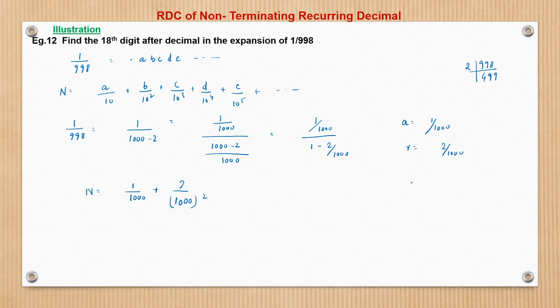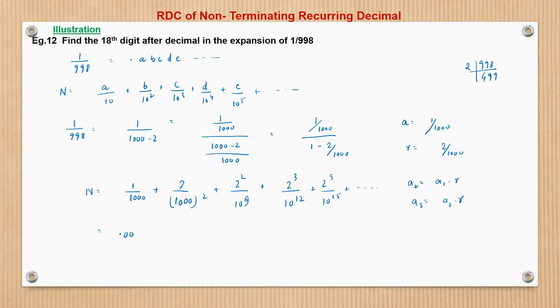This is a1; a2 is a1 into r, a3 is a2 into r, and so on. The third term would be 2 squared upon 10 to the power 9, plus 2 cubed upon 10 to the power 12, plus 2 to the power 4 upon 10 to the power 15, and so on.